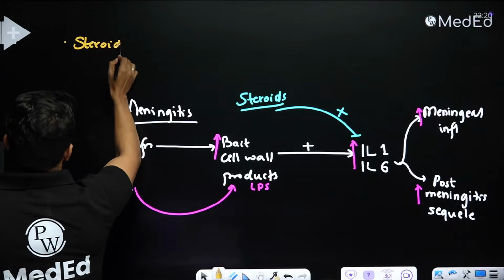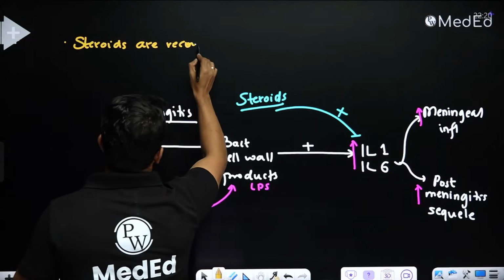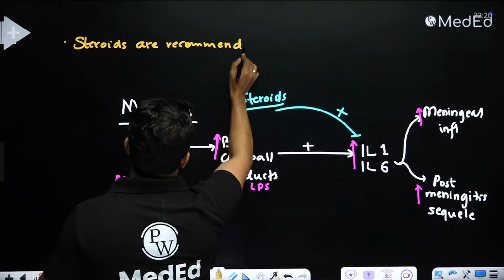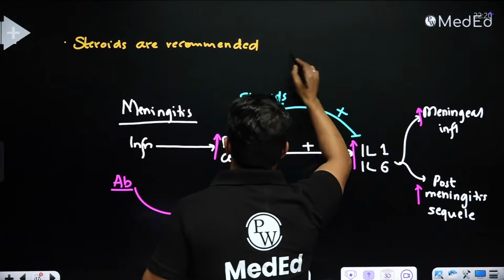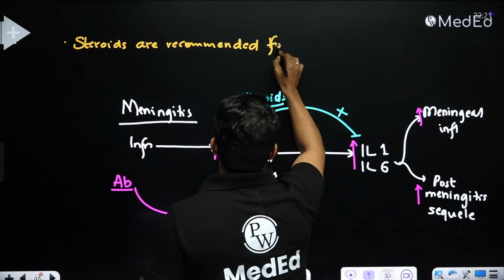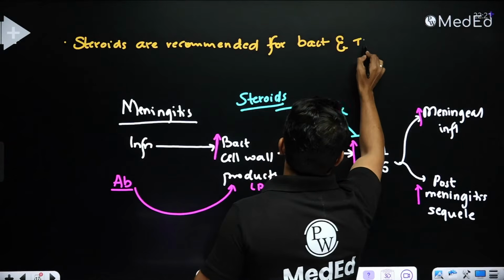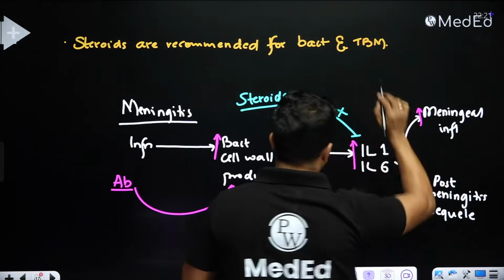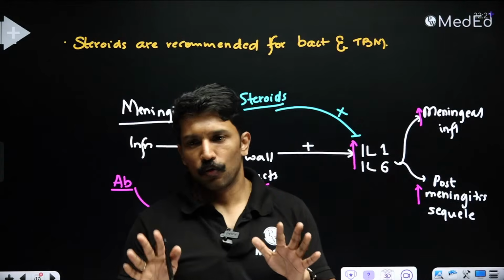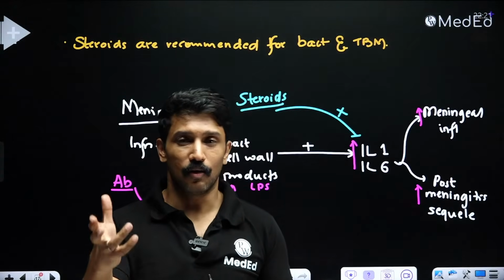So steroids are recommended for bacterial and tubercular meningitis patients because both have post-meningitis sequelae. For bacterial and tubercular meningitis, right?